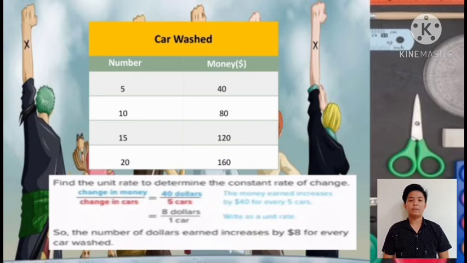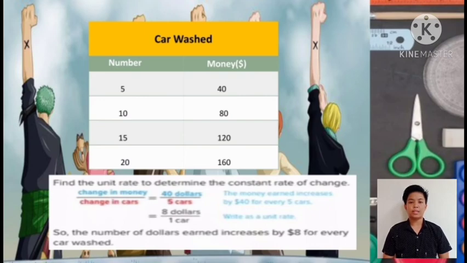The change in the number of cars from 5 to 10 is plus 5, from 10 to 15 is plus 5, from 15 to 20 is plus 5. All constant changes. From 40 to 80, we're adding 40. From 80 to 120, we're adding 40. From 120 to 160, we're adding 40.